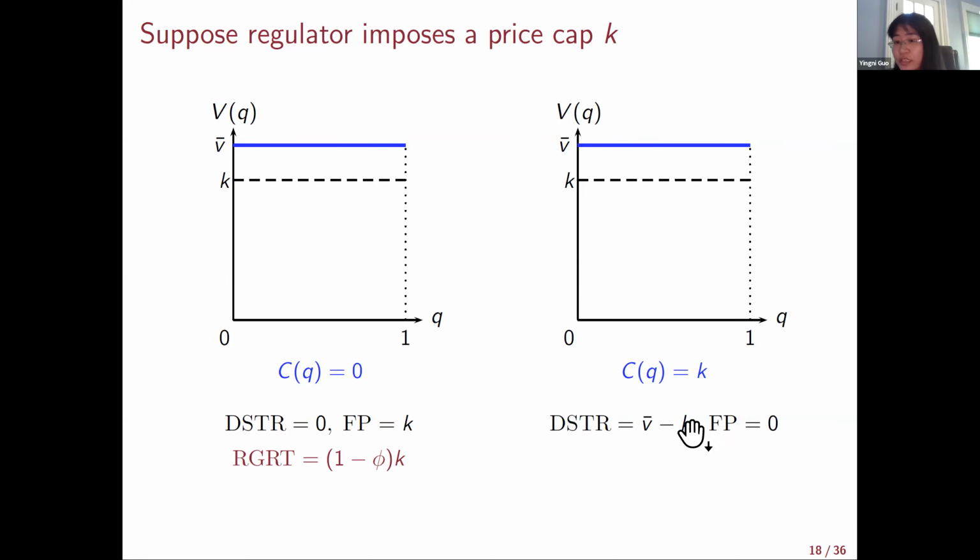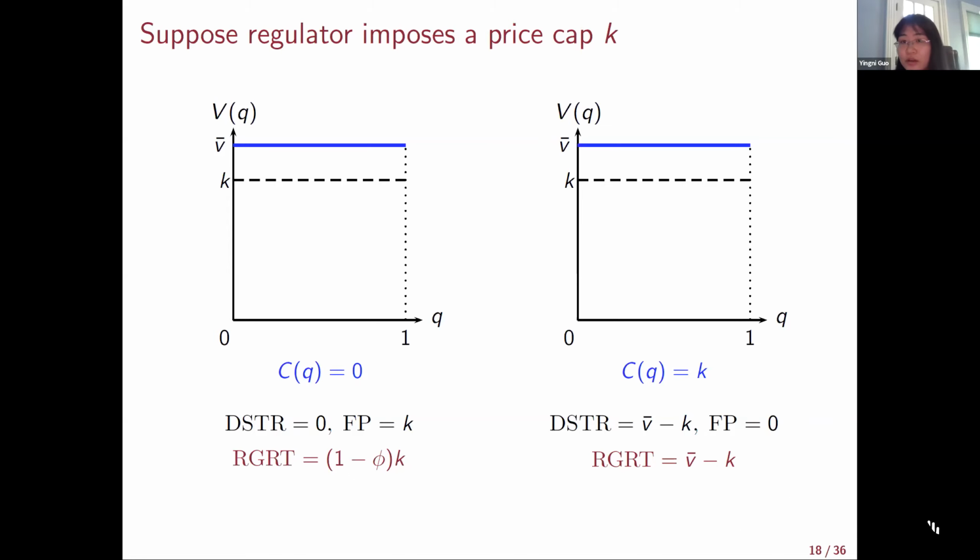So the distortion is equal to the surplus that could have been generated, which is V upper bar minus the cost K. The firm's profit is equal to 0. So in this case, the lower my price cap is, the worse I feel, the higher my regret is. Now you can see the trade-off between protecting consumer surplus and not inducing too much underproduction.